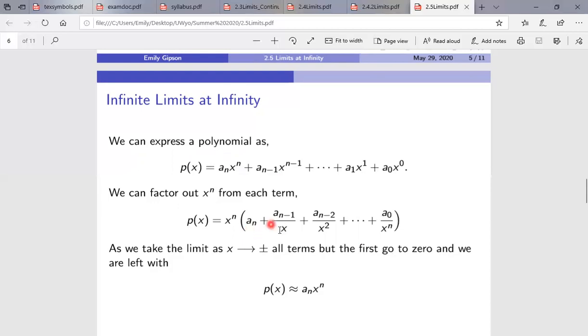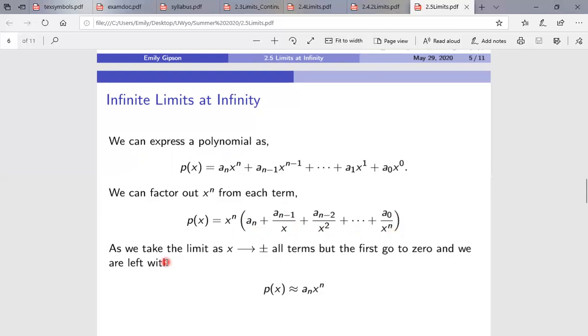In our second term, however, we've only got n minus 1 copies of x, which means we're going to have to divide by x in order to make sure that we end up with x to the power n minus 1 when we multiply everything back in. We do that again with a_(n-2) times x to the power n minus 2, and on and on until we get to a_0 divided by x to the power n.